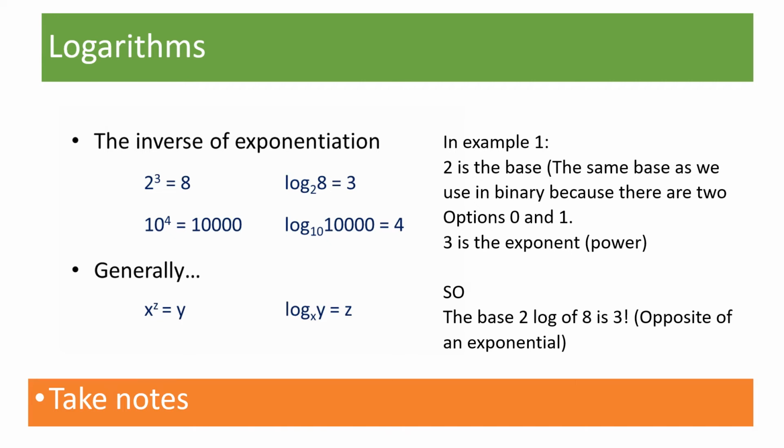Well, that would be 4 in this example. So generally speaking, we can say x to the power of z equals y, and a logarithm would work with log x of y would be z.